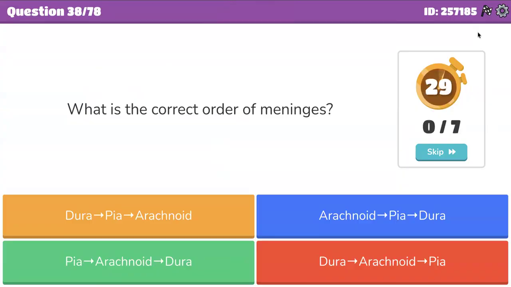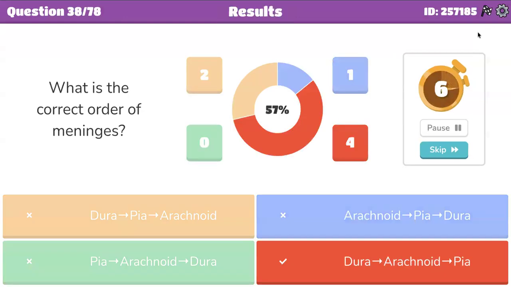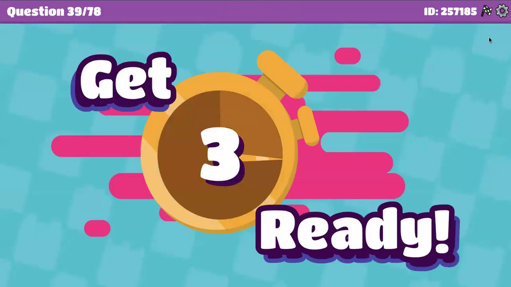What is the correct order of the meninges from the furthest away from us to the closest to our brain? The dura, then arachnoid, then the pia layer.